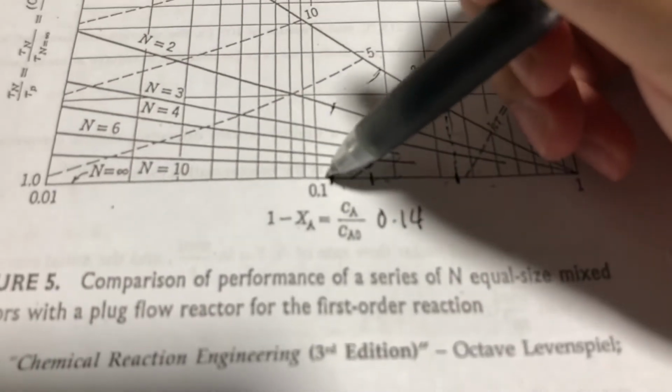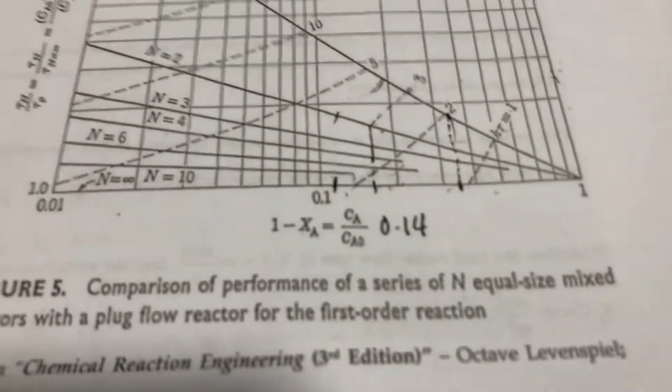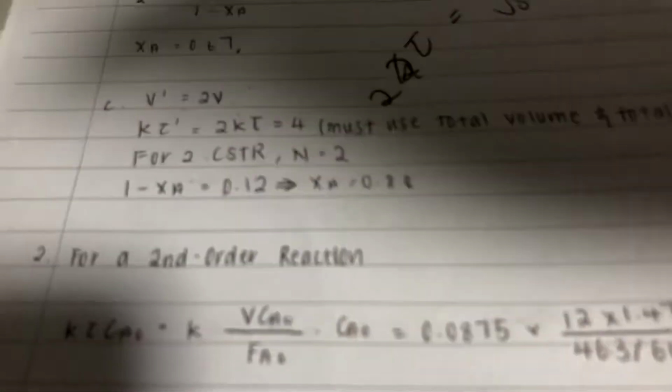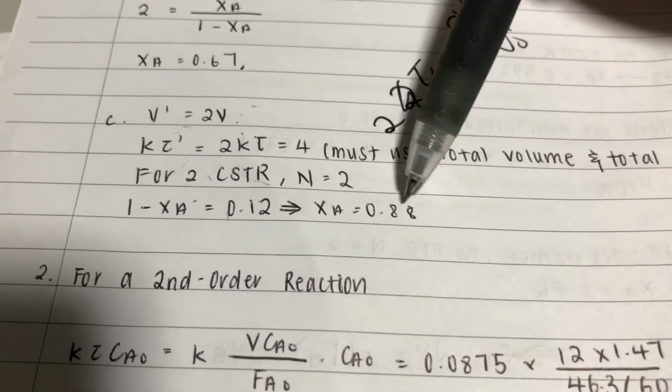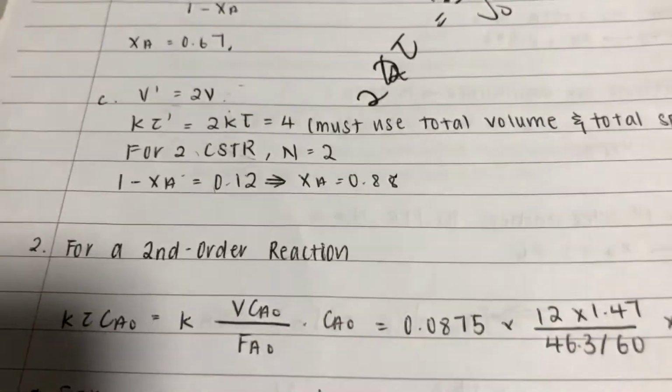So you can see it's around 0.13, 0.12 around there. So my 1 minus XA is equal to 0.12. Therefore my XA is 0.88.